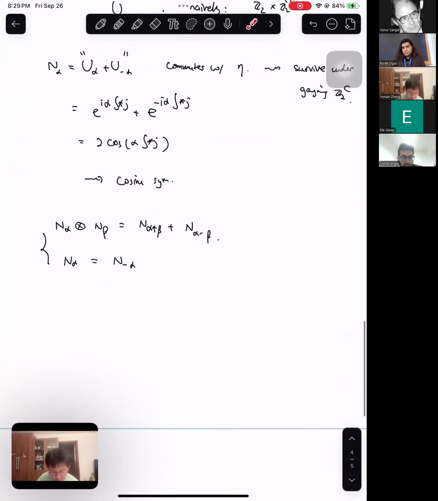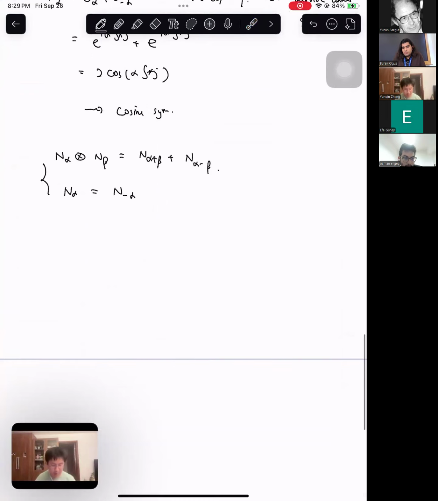And the idea to find the correct operator is as follows. You have a theory Q, and you have this U1 symmetry operator, U alpha. And then you would like to find what this operator becomes after gauging.